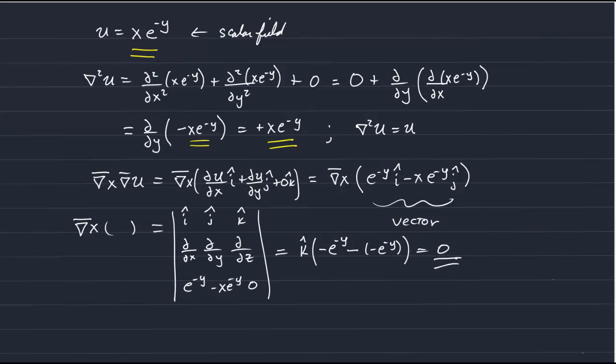So we verified that the curl of a gradient of a scalar field is equal to 0. The gradient has no rotation involved.